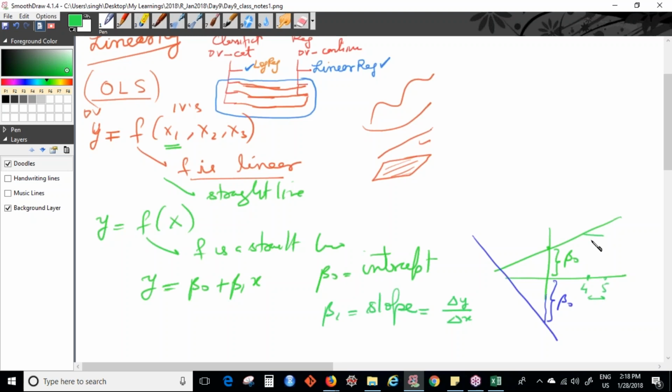Corresponding to this, what is the increase in y-axis? This is your delta y, the y corresponding to 0.5 minus the y corresponding to 0.4. This is your slope.